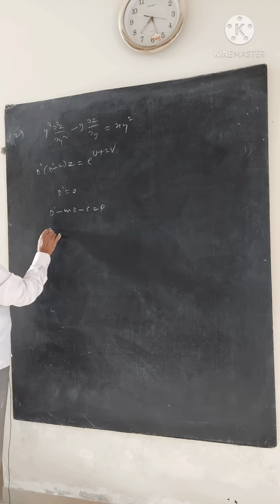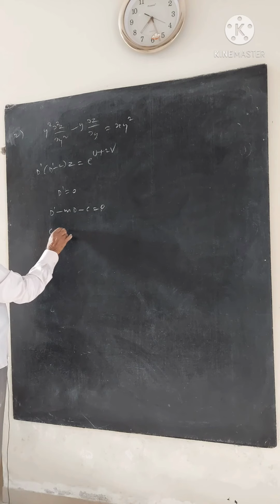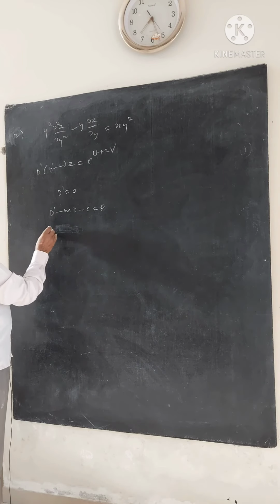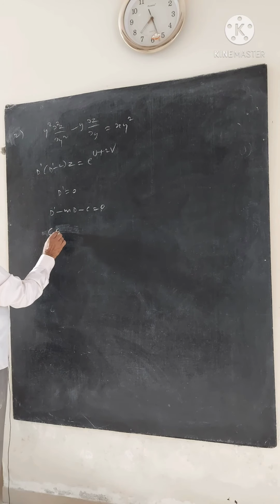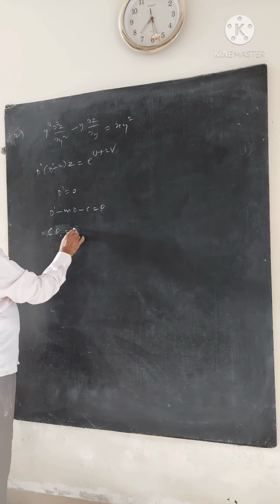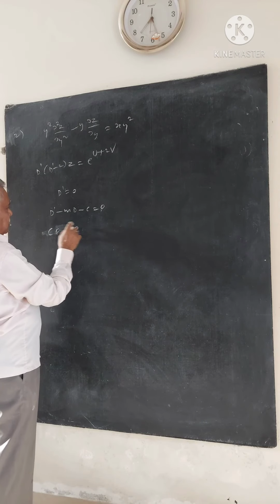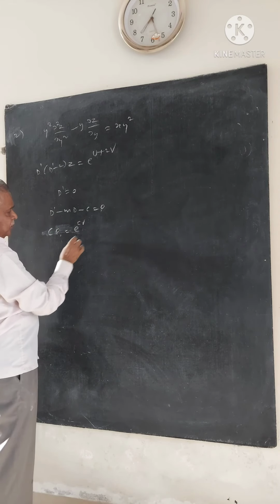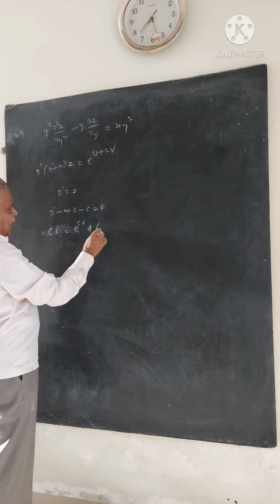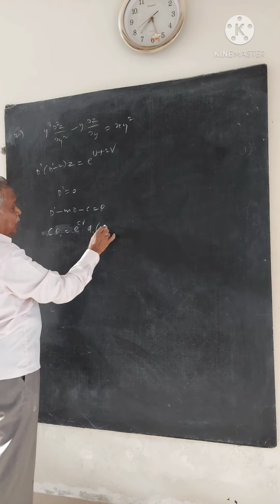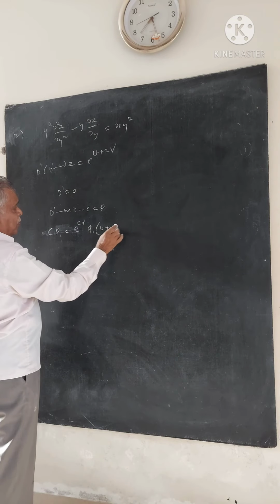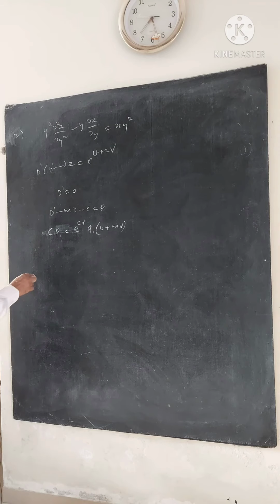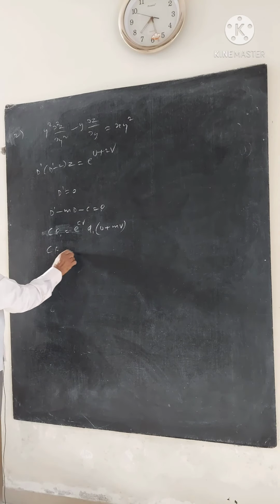Consider this formula: CF1 equal to e power c u, phi 1 of v plus mu, just changing because d dash comes at the front side.